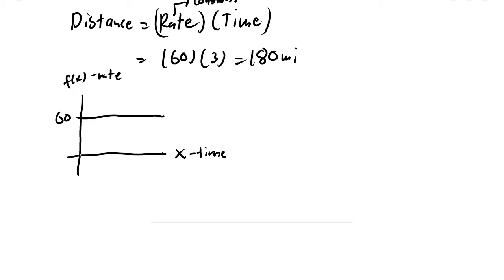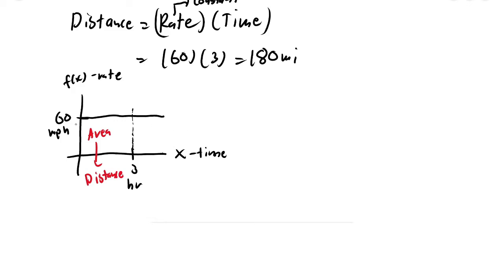And then if I want to know what's happening from 0 to 3 hours, so that's miles per hour, this is 3 hours, then the total distance is actually going to be the area. So the area is actually going to be the distance that's traveled.